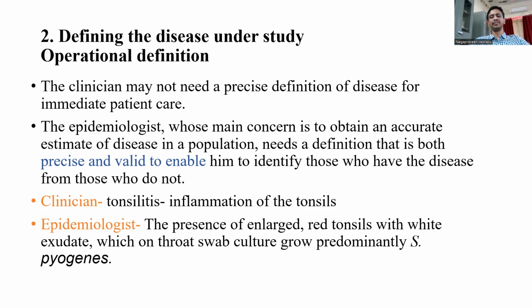All should be there: Streptococcus pyogenes, enlarged tonsils, red tonsils, white exudate. All present, then only epidemiologists conclude it is tonsillitis, but a clinician doesn't need such an elaborate operational definition.